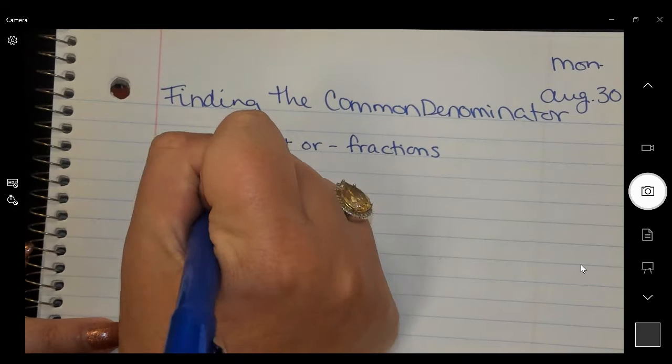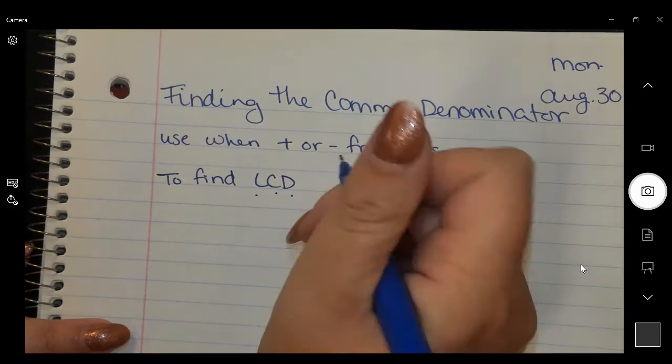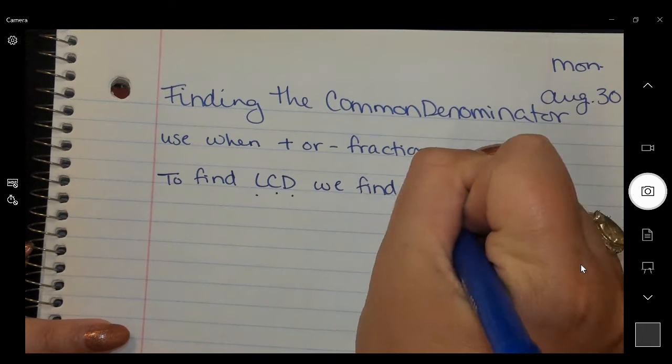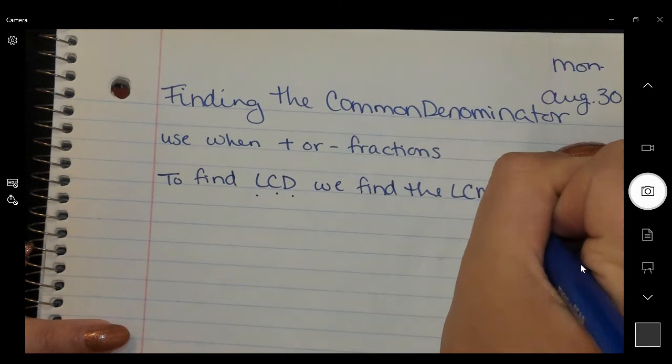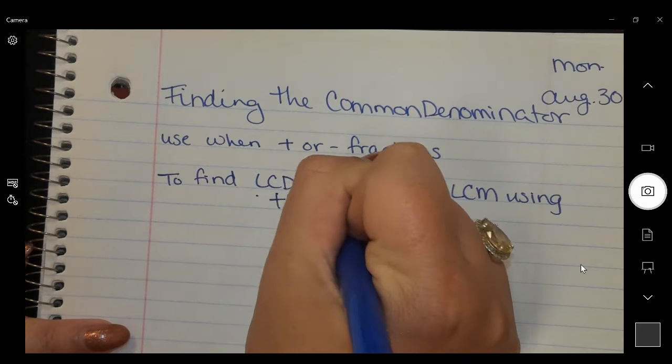LCD, least common denominator, we find the LCM using the slide.